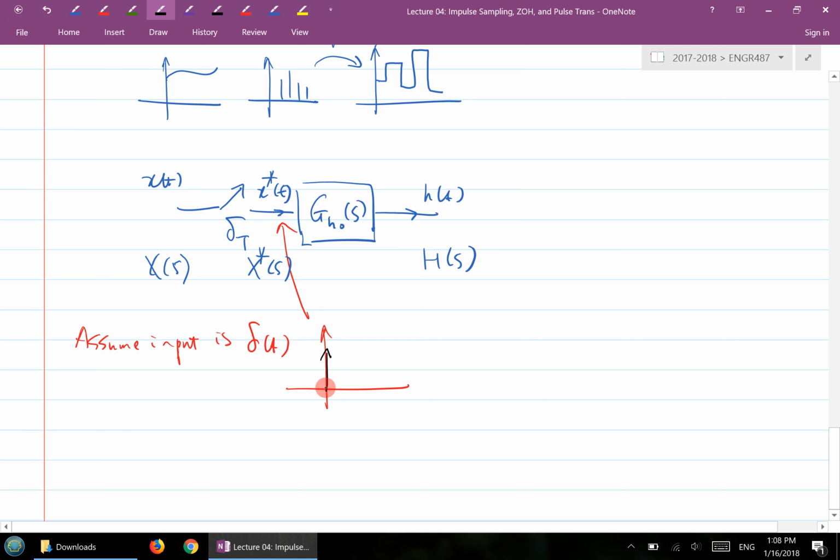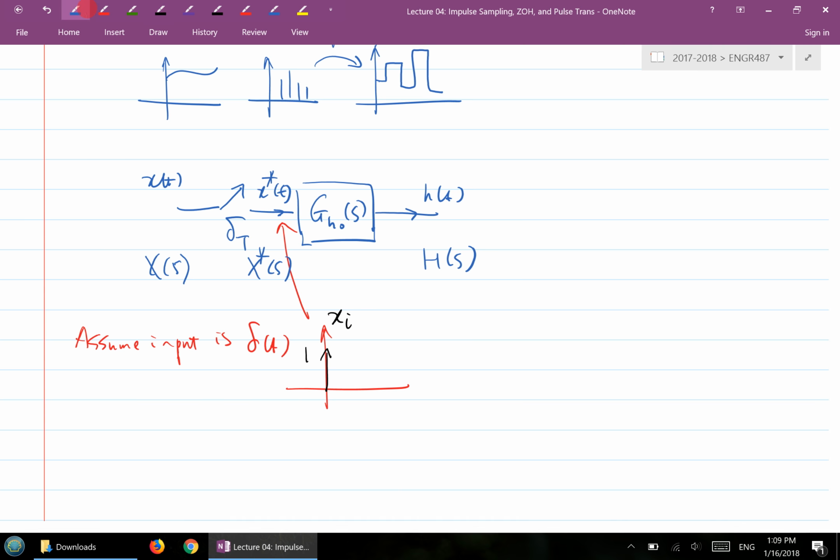And the Dirac delta has a magnitude of 1. So that's your impulse here, your x star of t. It's basically just this one. Let's temporarily call this xi instead of x star of t.